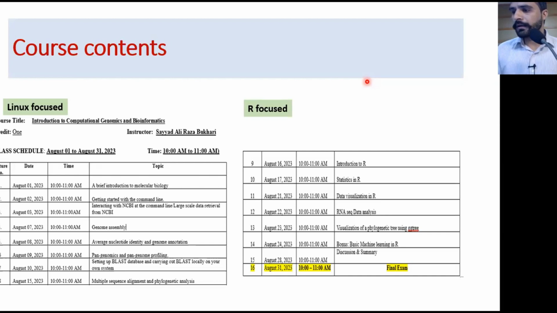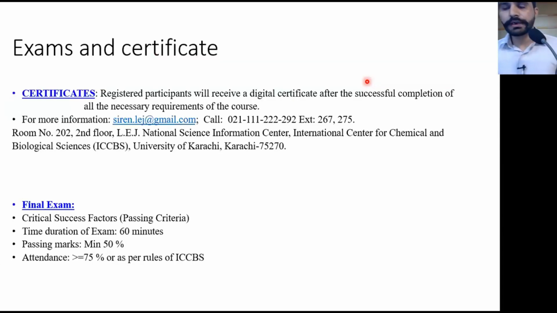We will also do some basic machine learning as well, and this will include a final exam. This is a graded course, and participants will get a certificate if they complete some criteria. Passing criteria is a minimum of 50% marks, and you have to obey the ICCBS attendance rules as well.